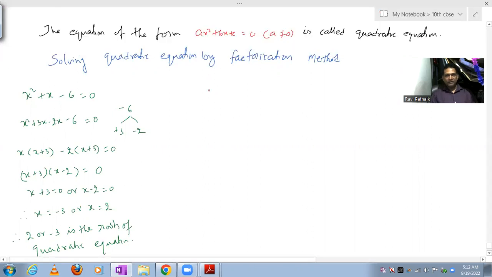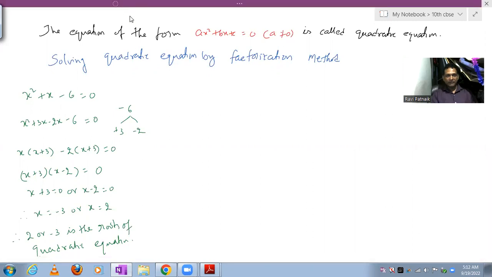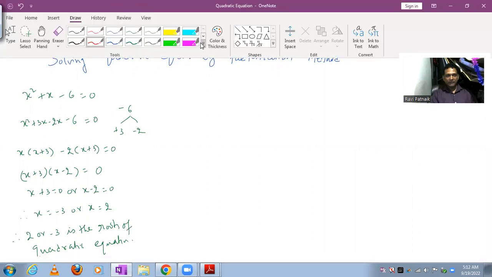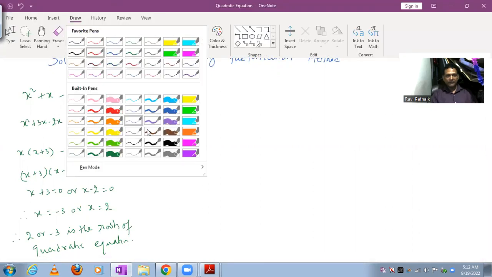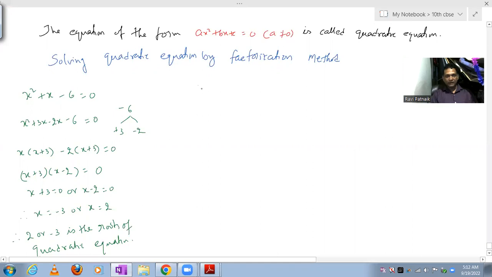Suppose there is a quadratic equation, say 2x square minus 5x plus 3 is equal to 0. How to solve this quadratic equation? By factorization method.